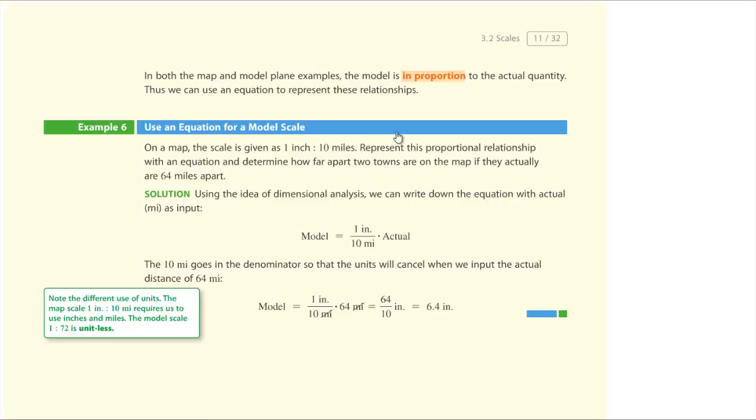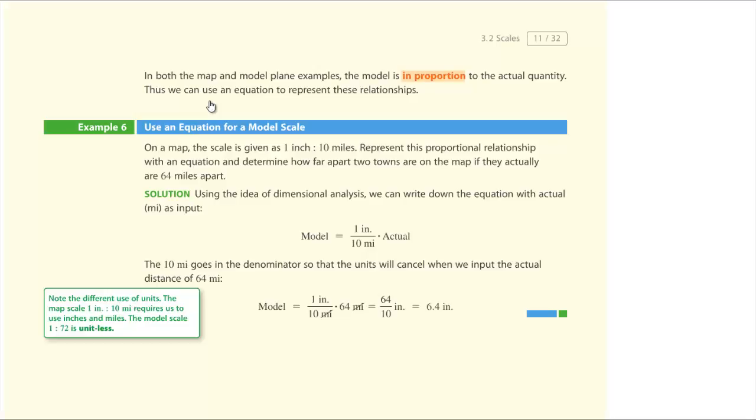Then on your conversion line, you would have 1 inch over 10 miles because according to this map, that's now an equal fraction, right? That fraction still equals 1. 1 inch equals 10 miles, even though it doesn't in the real world, it does on your map. The miles would cancel, and you'd get 64 over 10, or 6.4 inches, and those two cities would be 6.4 inches away from each other on the map.